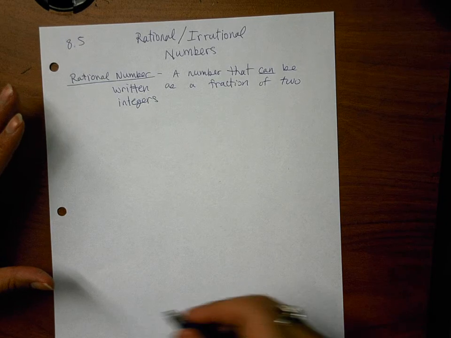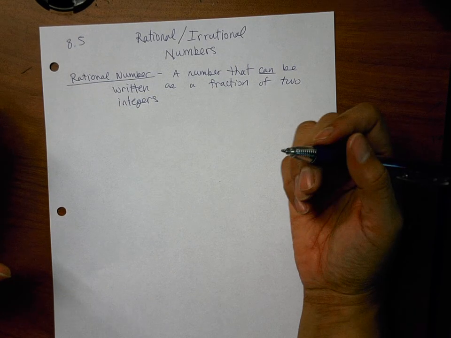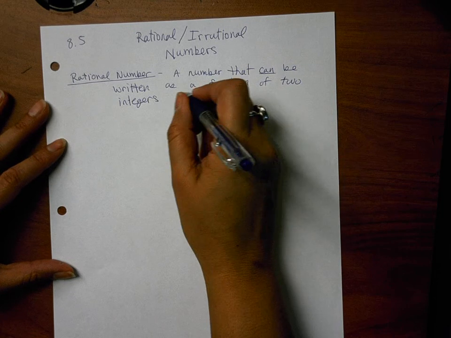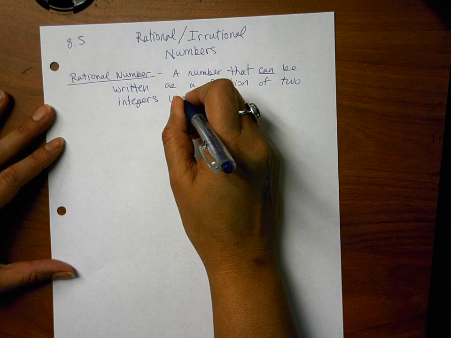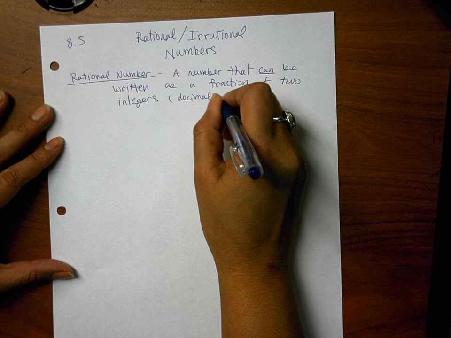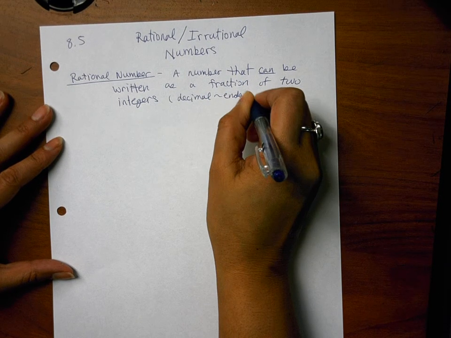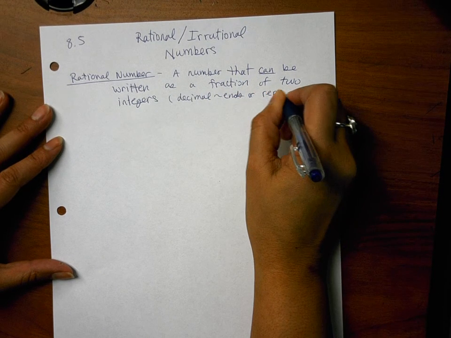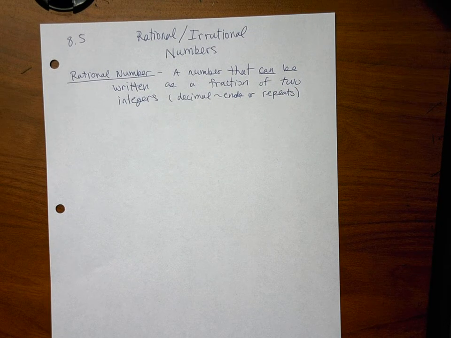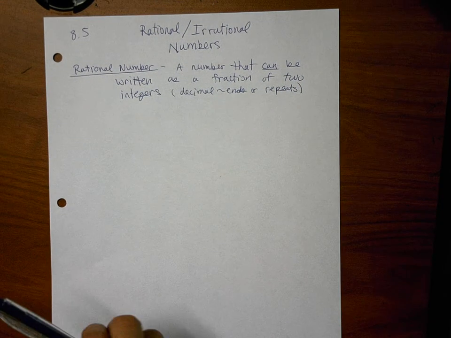Okay, so pretty much 1/3, 2/5, 5/2, even 3, because 3 can be written as 3/1. And it can be written as a decimal as long as the decimal ends or repeats. If the decimal goes on forever, never ending, never repeating, it is not a rational number.